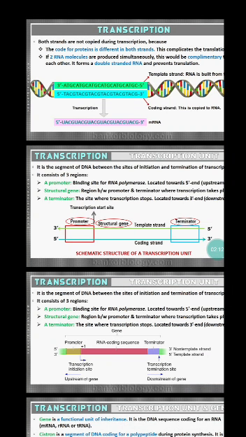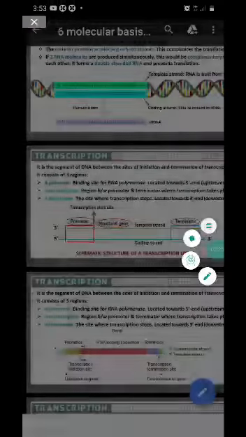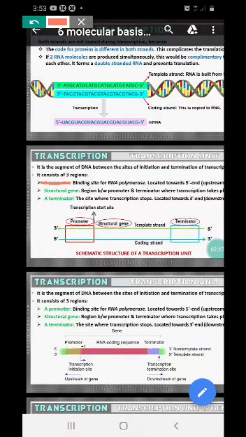And that small part, that structure, is called the transcriptional unit. Okay. Now, it consists of 3 regions. What are they? A promoter region, which is located towards the 3' end, and a terminator region, which is located at the 5' end of the template strand.